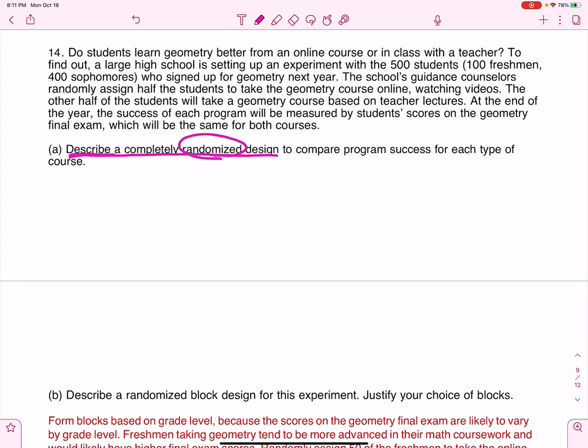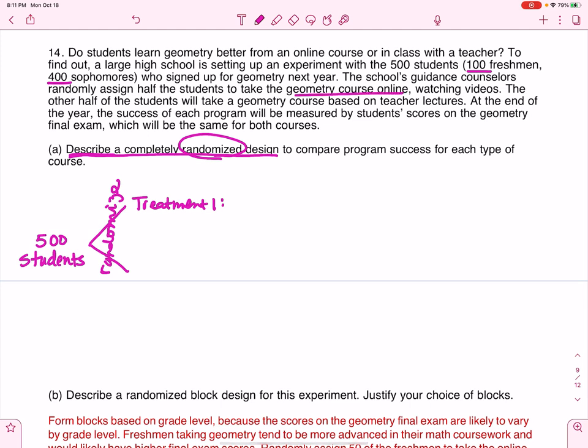Well, a completely randomized design is going to take these 100 freshmen and 400 sophomores, and it's going to dump everybody into the same hat together. So I've got 500 students, and I am going to randomize. This group is going to be treatment 1, and that's going to be the online geometry course.